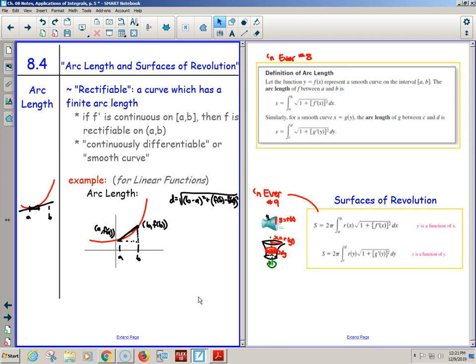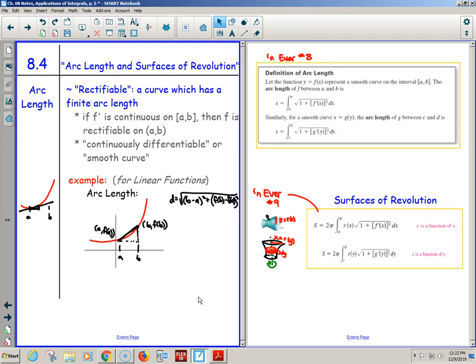But we're using 1 plus f prime of x squared, kind of using the idea of differentials, dy, as opposed to delta y, and realizing that as those distances become thinner and thinner, as integrals do with dx, the error becomes less and less, approaching the actual. So in essence, our hypotenuses, hypoteni, have you ever said a plural of hypotenuse? They accumulate, getting infinitesimally thin, into an actual arc length.